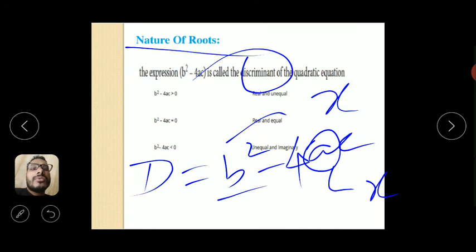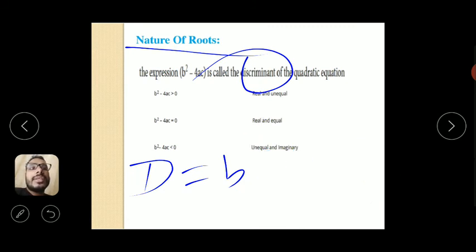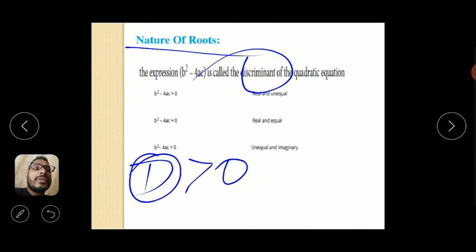So we have to first of all check what is the value of d. If you get d as more than 0, if the value of d, that is discriminant, is more than 0, you will get real and unequal roots. Means the roots or the solutions you will get will not be equal. Two different answers you will be getting as a solution.